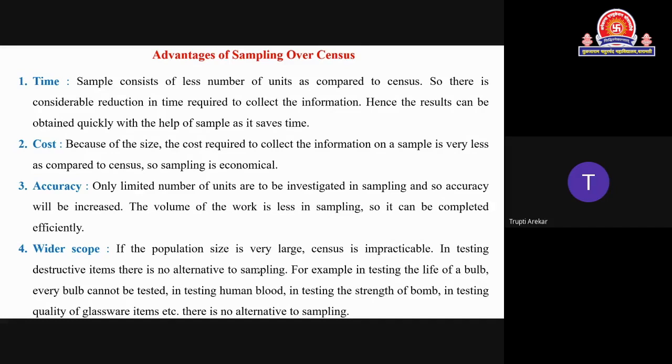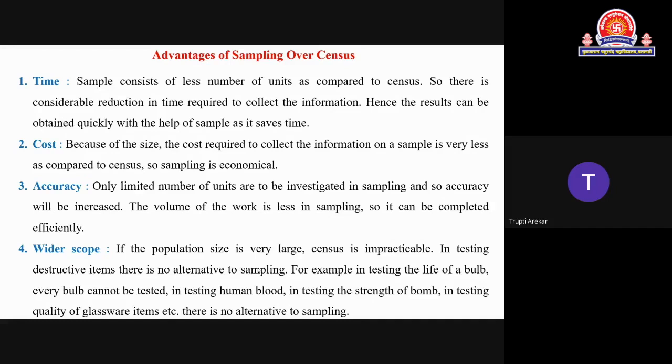Secondly, in testing a destructive item, that is, where the element gets destroyed in analysis, sampling is the only alternative. Testing the life of the bulb, the strength of building construction material, the fat percentage of milk, human blood. All these things are very sensitive, and here we can't use census. We have to use sampling methods only.